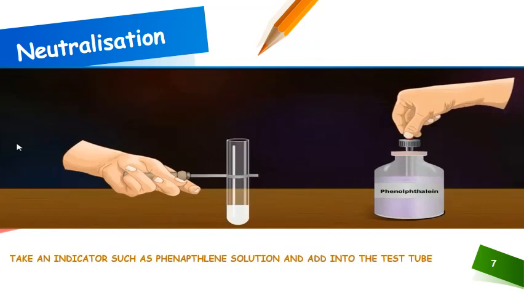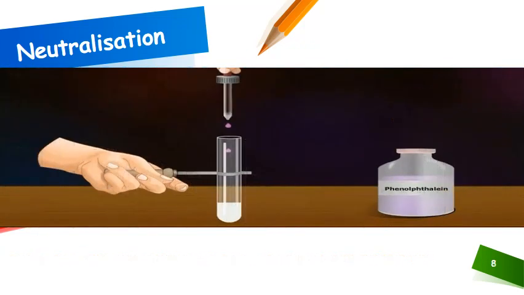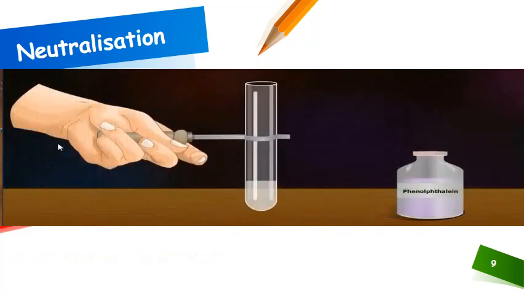So what you have to do now? Take the indicator and add it into the test tube. See what will happen. After adding this indicator, what you will observe is there is no change in the color. First of all, the color remains the same. Let us observe the color.